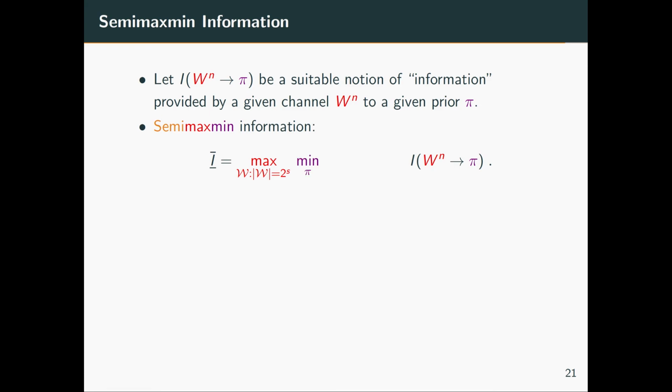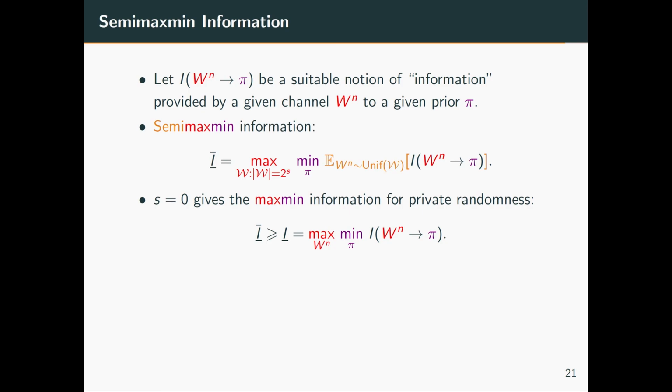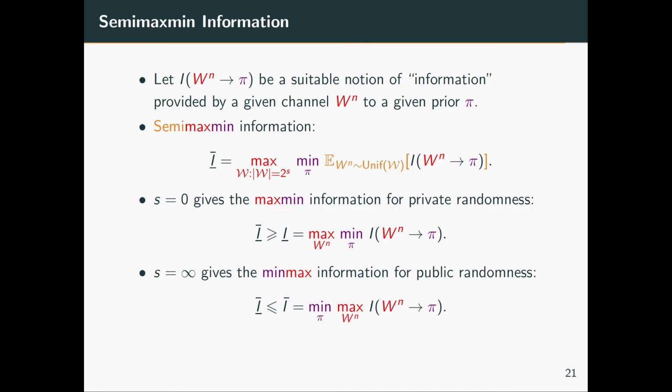After that, the shared randomness is used to select a random product channel from the set, and the information obtained by the learner is the expected information over the randomness. When S equals 0, this recovers the max-min information for private randomness, and when S equals infinity, this is upper bounded by the min-max information for public randomness. This framework can be of independent interest in the randomness limited setting.